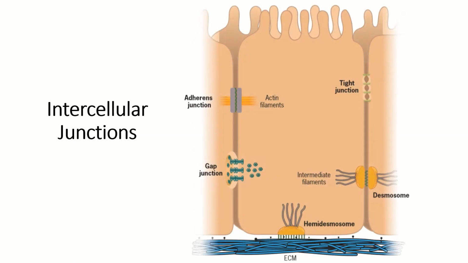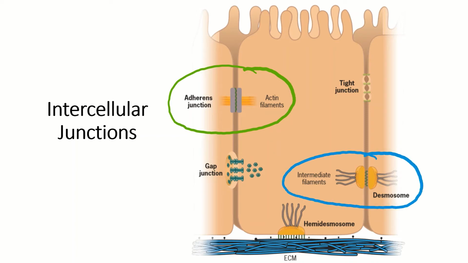Now let's talk about intercellular junctions. Okay, so there are many types of boundaries between cells. Here we have the adherens junction, which of course allows each cell to adhere to another cell, which has a similar function to the desmosome, which is also for adherence. Then here we have the tight junction. The tight junction's function is not merely to adhere cells to other cells, but it locks the way from the outside to the inside.